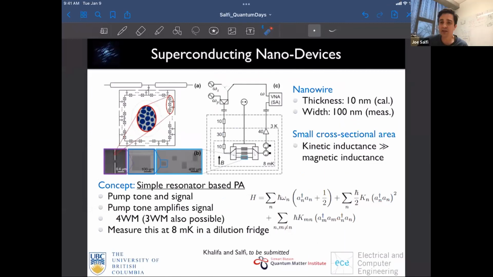Yeah, so the material is an alloyed superconductor, so it's a pretty disordered granular material. The resonator itself has a little gap here, and this is just one of the types of resonators you can make.